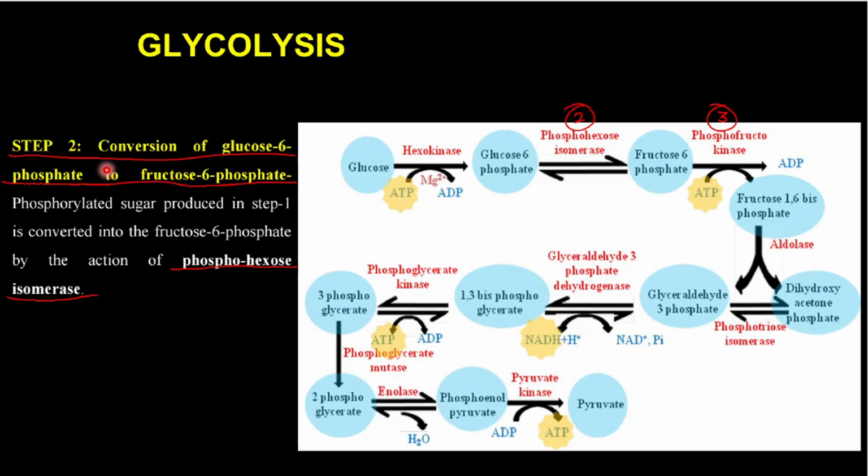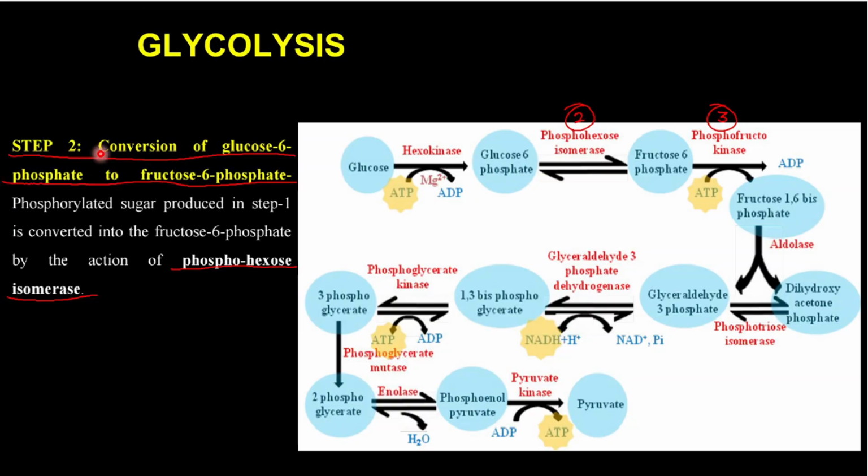Till now it is a six-membered carbon molecule which is proceeding further. We haven't come to the stage in which the six carbon glucose molecule will be converted to the three carbon sugar molecule.